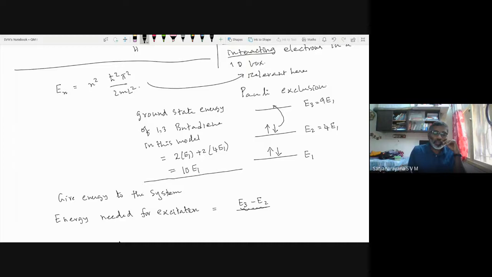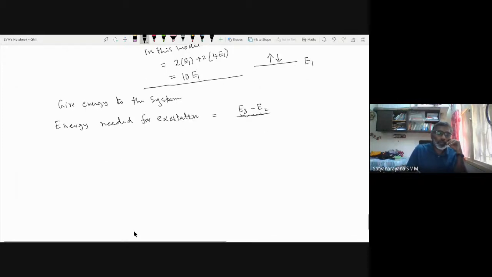How we give this energy depends on the experiment. Suppose we give this energy by means of light. There is something called optical absorption. Let's say we are doing this experiment.